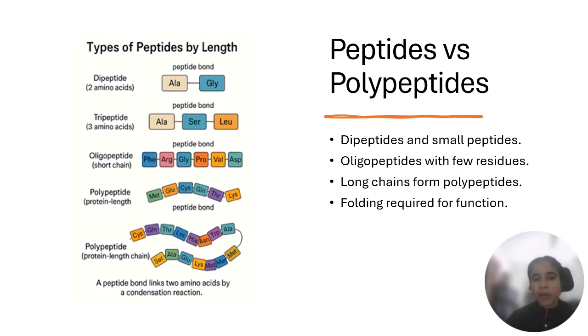But when many amino acids connect in long sequences, sometimes hundreds or thousands, we call them polypeptides. These long chains are very important because they can fold into complex shapes. Only after folding do they become functional proteins. So remember the simple idea: small chains are peptides, long chains are polypeptides, and the folded polypeptides become proteins.